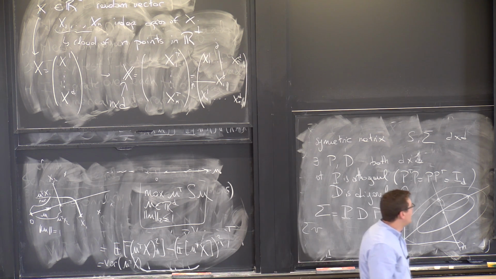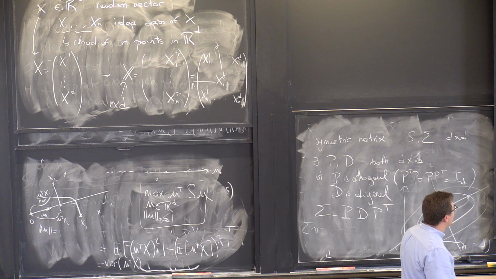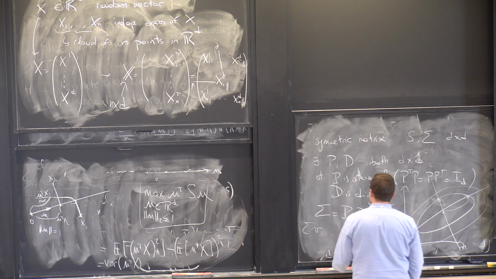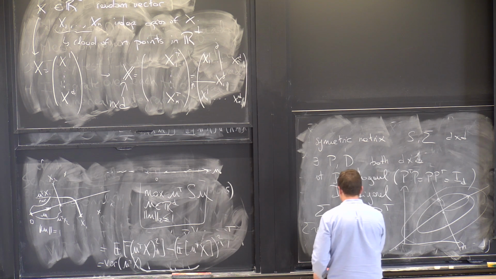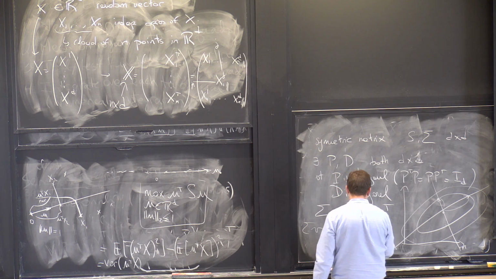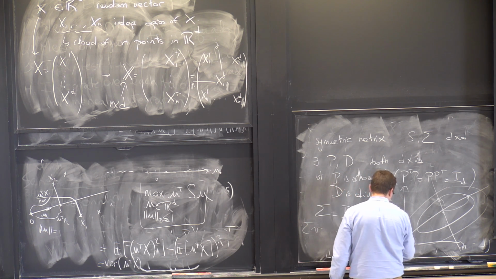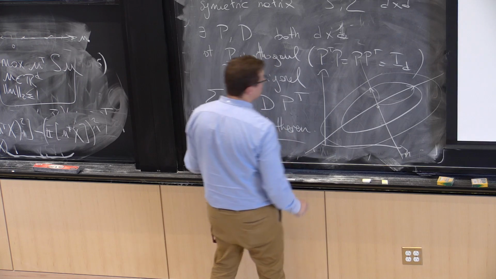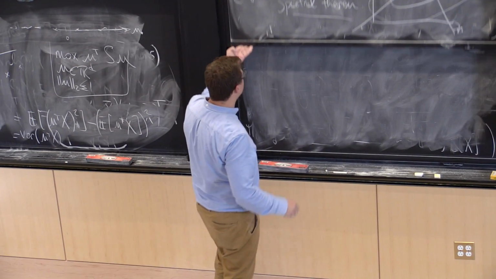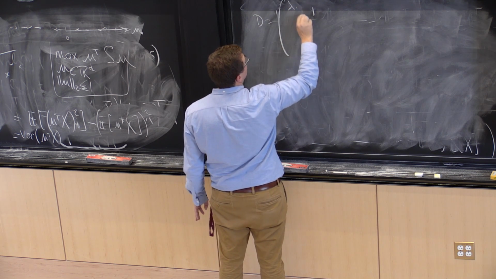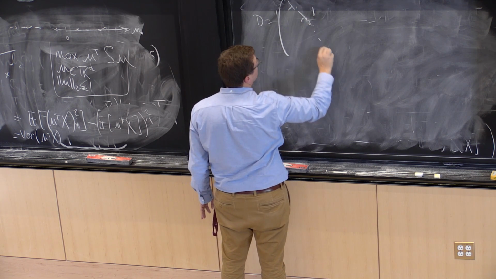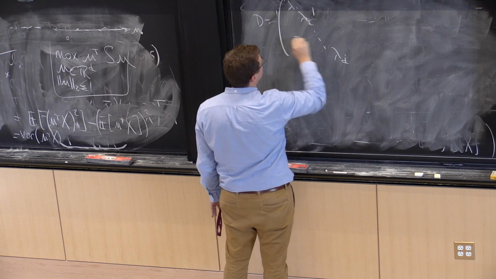All right, so what do I know? I'm not going to prove that. This is the so-called spectral theorem. The diagonal entries of D are of the form lambda 1, lambda 2, up to lambda d, and then 0, 0.